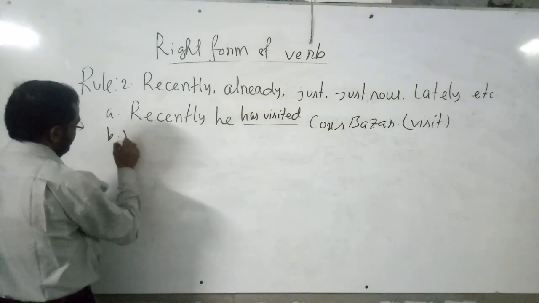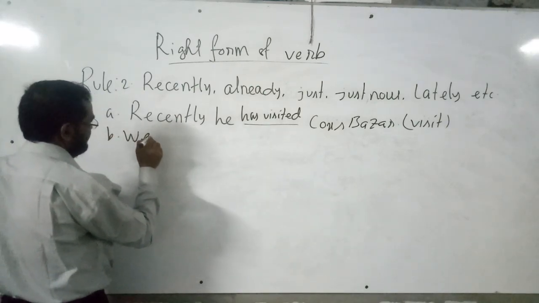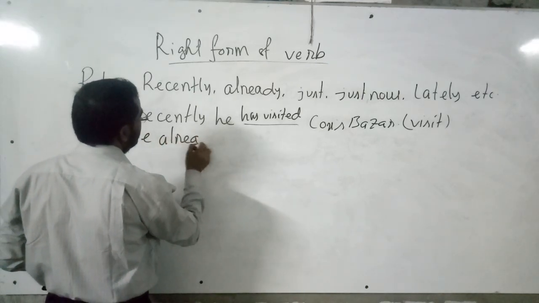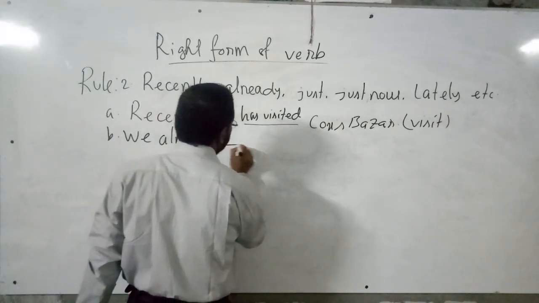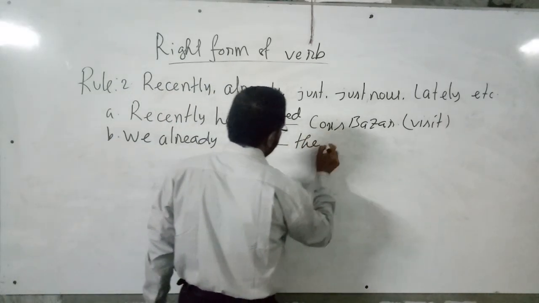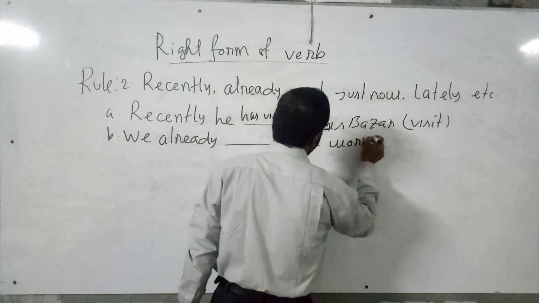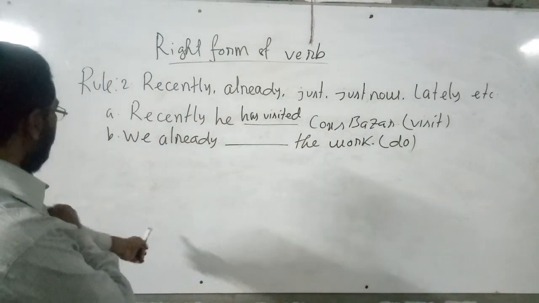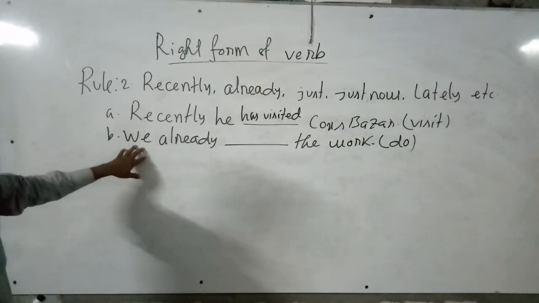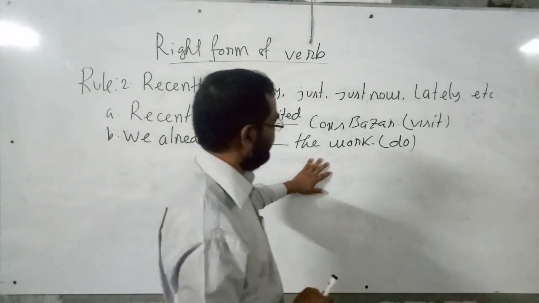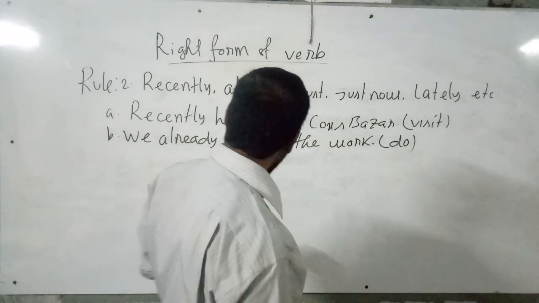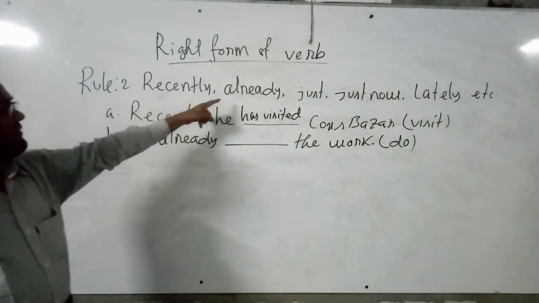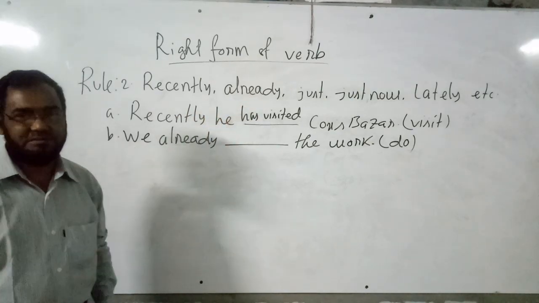Okay, next. The second sentence, we already dash the word. In this sentence we also find the word "already," which is given in the rules.